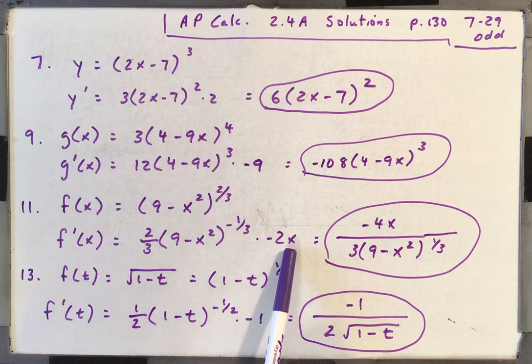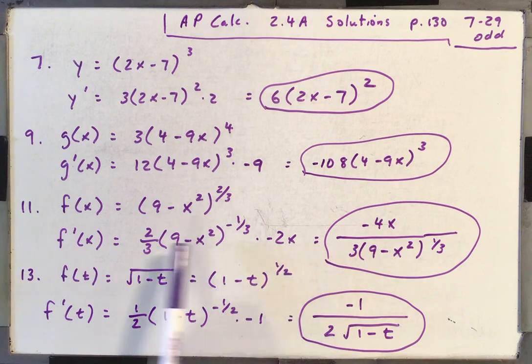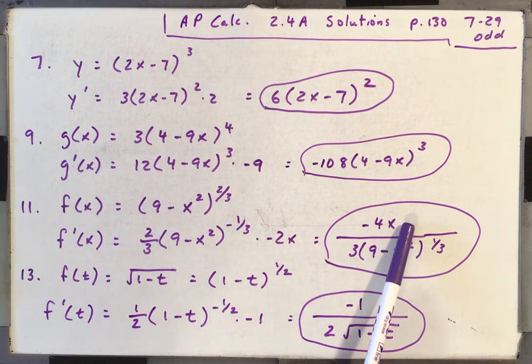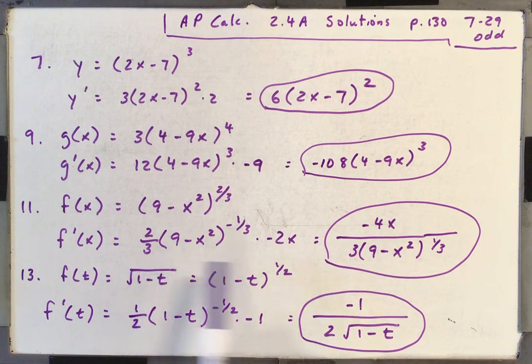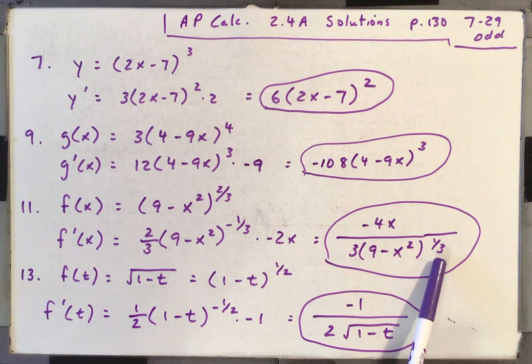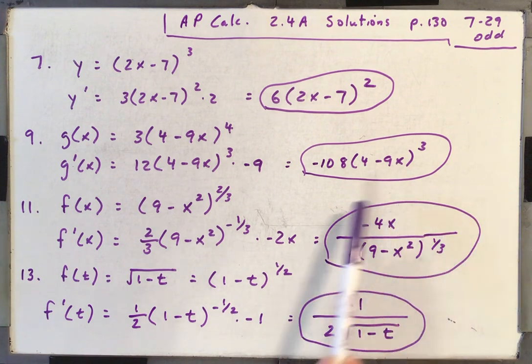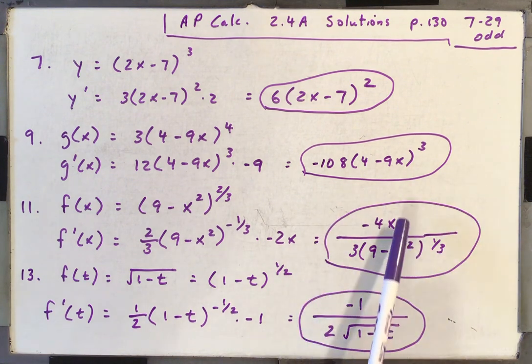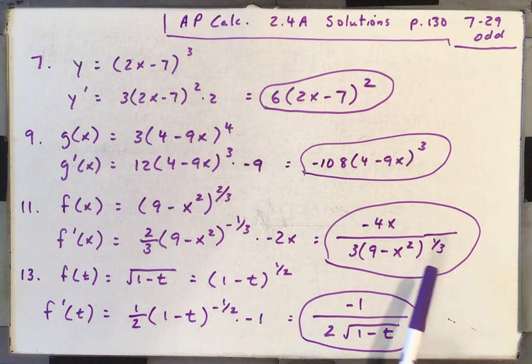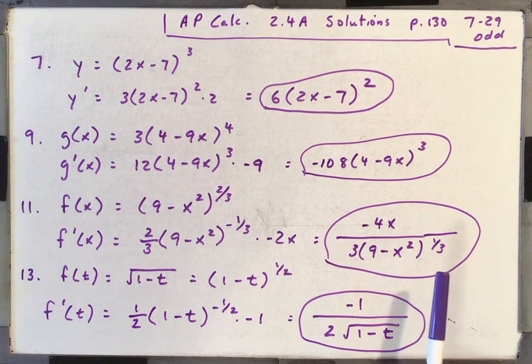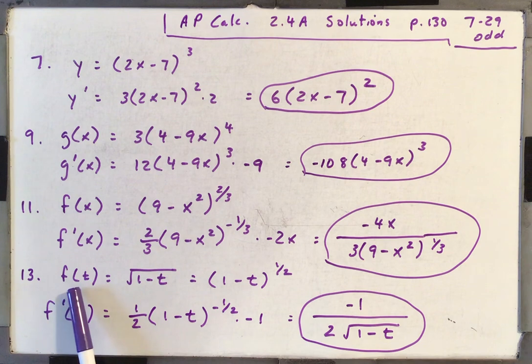So negative 2x times 2 would leave you a negative 4x on top, and then the 3 would go in the denominator. So 3 times 9 minus x squared, make that to the positive 1/3. I'd like to see the answer to get full credit cleaned up like this. Make your exponents positive.